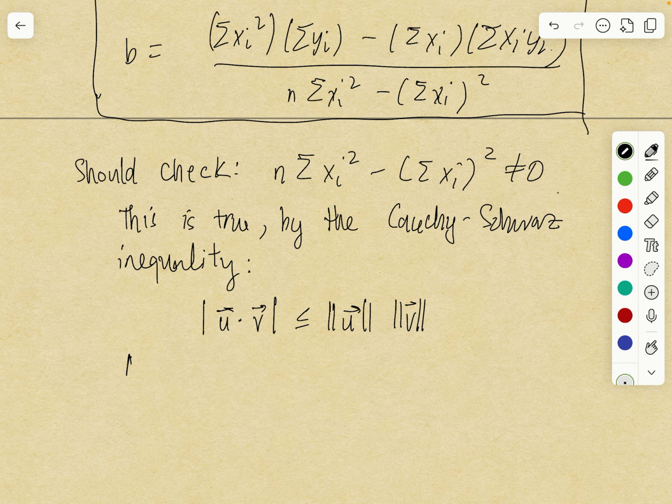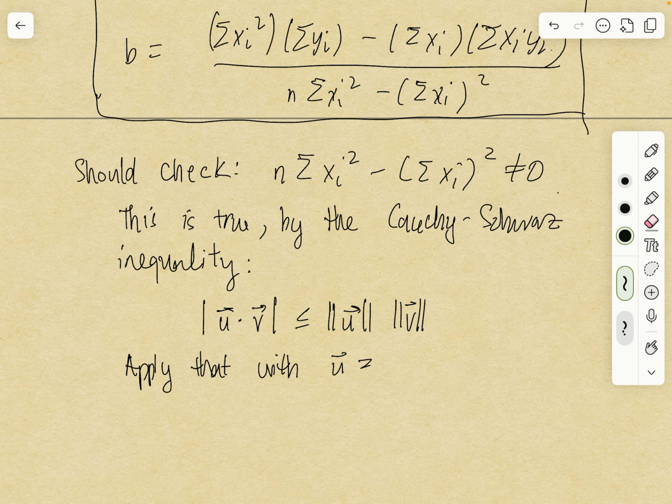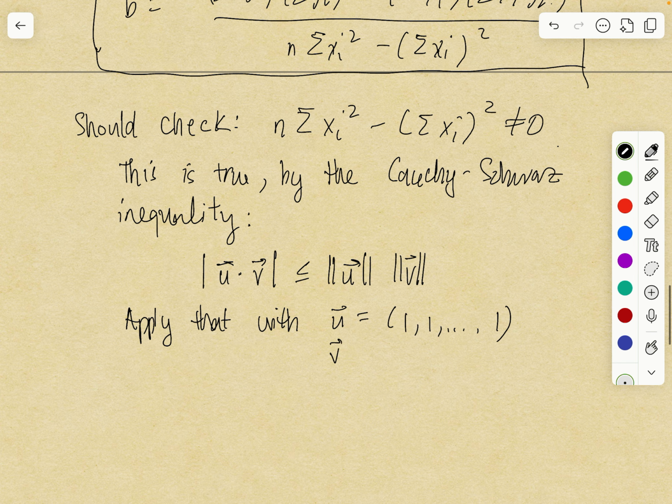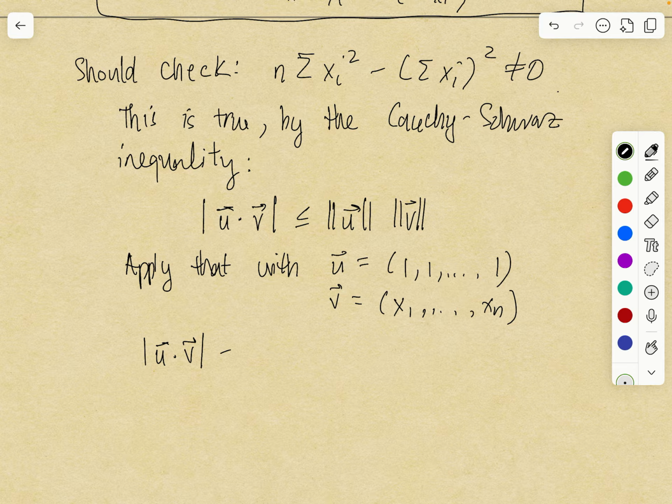And if you apply that with u equals 1, 1, 1, and v equals x1 through xn, the dot product is just the sum of x1 to xn.